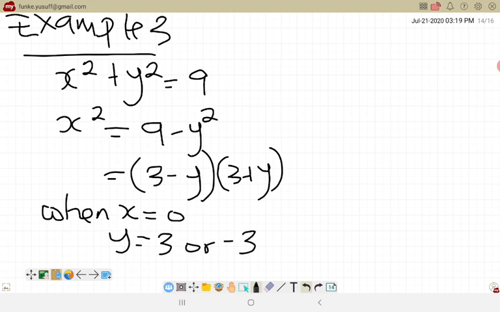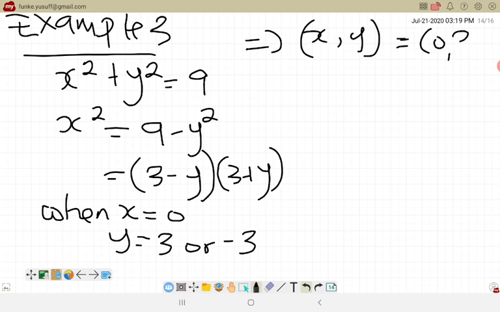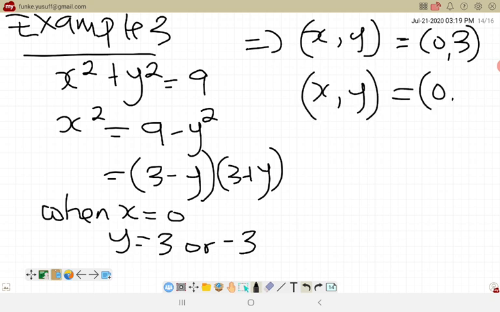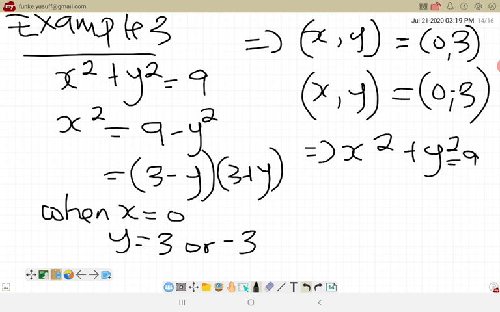Hence for one value of x, which is 0, there are two values of y. So we have the coordinates (x, y) equals (0, 3) and (0, minus 3). So for one value of x, we have two corresponding values of y. Hence x squared plus y squared equals 9 is not a function.